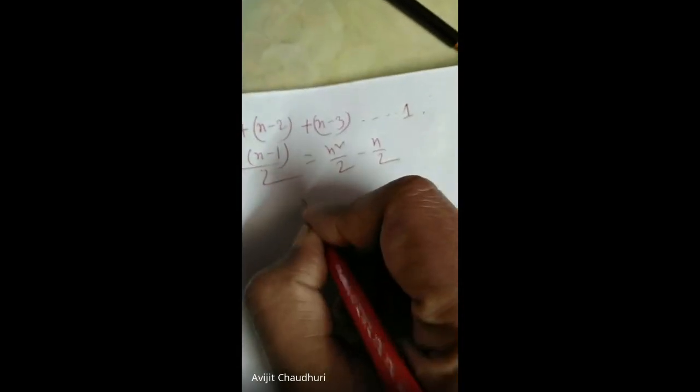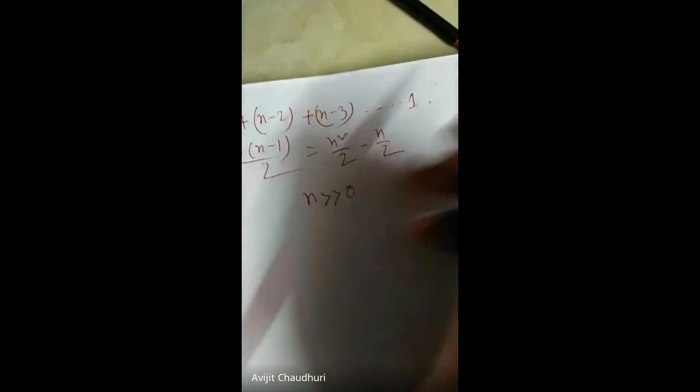Now if n is large, suppose 1 lakh elements, 2 lakh elements, then this term can be neglected. So complexity will be big O of n square.